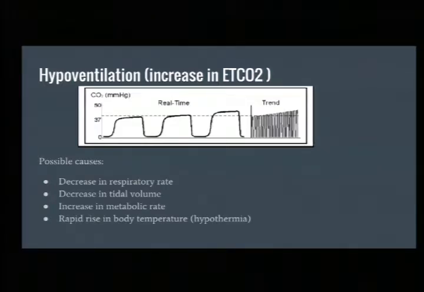Or rapid rise in body temperature. They were hypothermic and you started warming them from a drowning, and all of a sudden they go from down here, getting up because they're producing, and those vessels are being perfused, and they're producing their end tidal. So it's a rapid change in their metabolic rate, essentially, is what change in body temperature is.